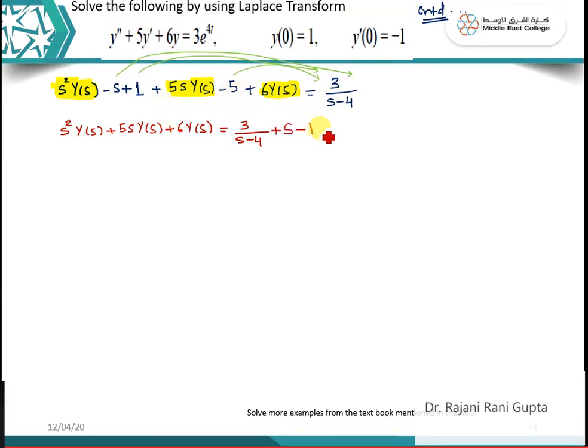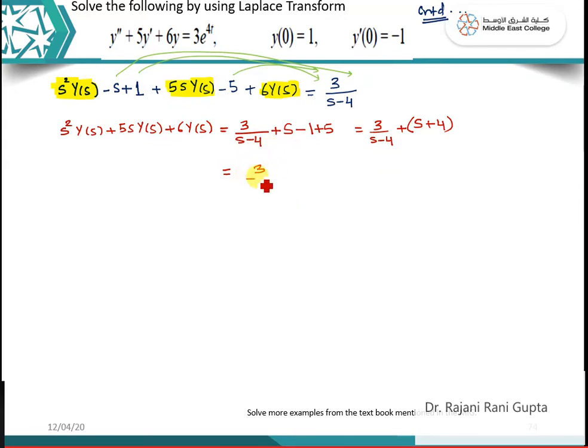Minus 5 when it goes to the other side becomes plus 5. So let's solve it. This gives you 3 over s minus 4 plus s, and minus 1 plus 5 gives you plus 4. Okay, and then we solve it again like we did in the previous question.